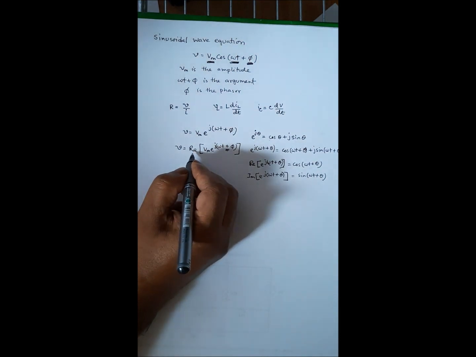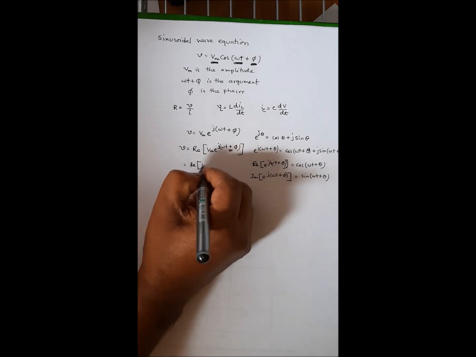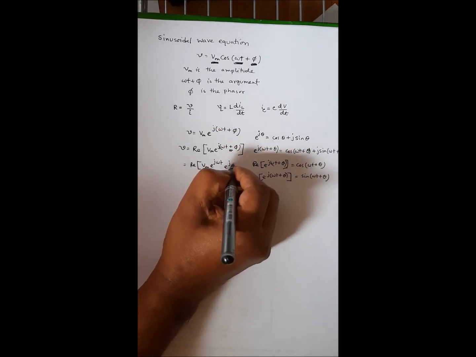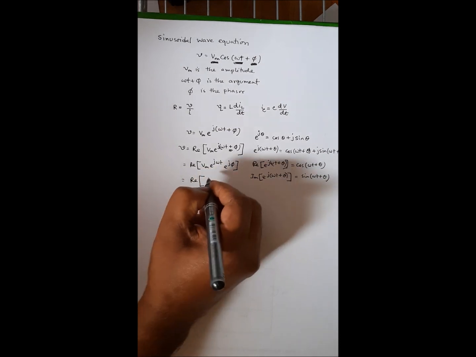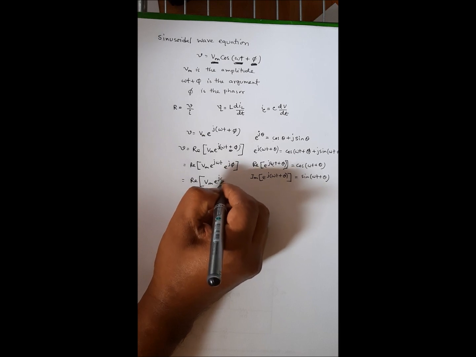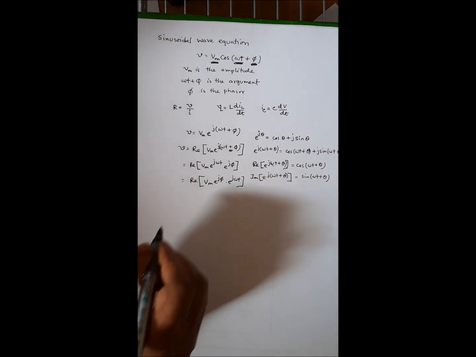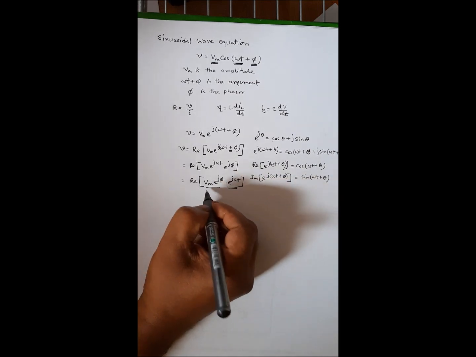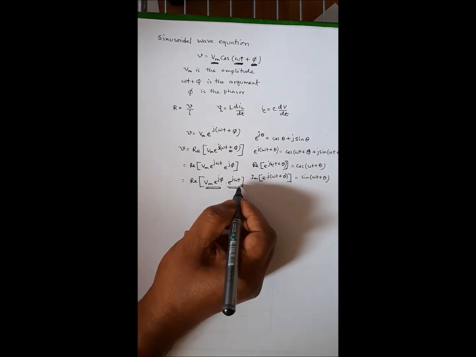So now I am taking V as the real part of this, with the help of Euler's theorem. Now let me expand this e to the power j omega t and e to the power j phi, and then we write it as Vm e to the power j phi times e to the power j omega t. So with the help of Euler's theorem we can separate the time function or time part from the amplitude and phase part. So it has amplitude and phase, and this is the time part or time function.